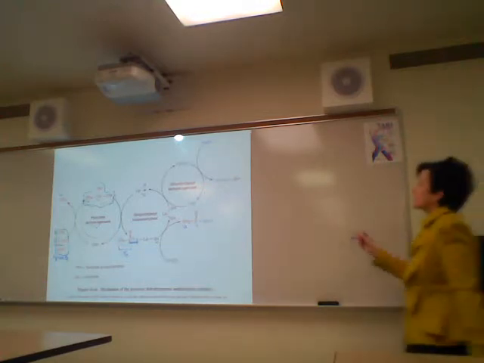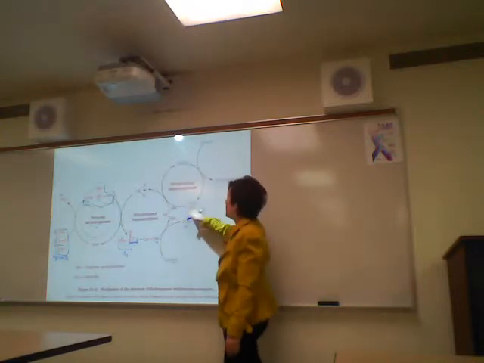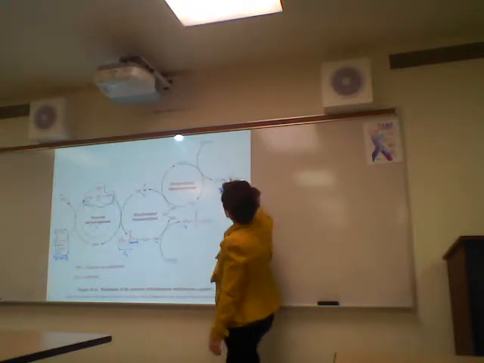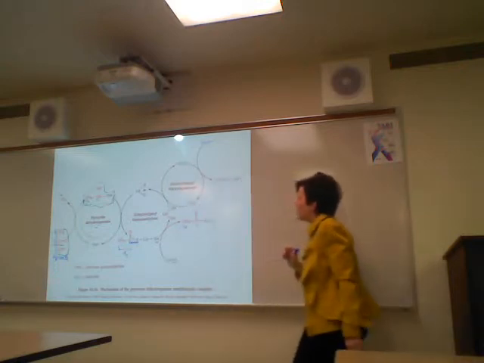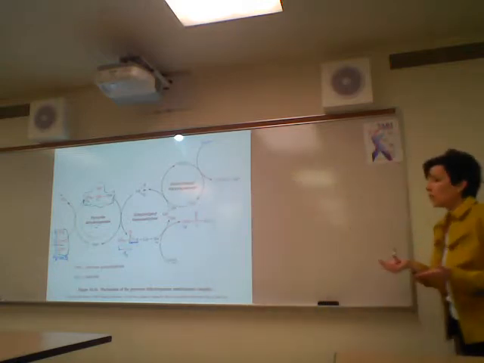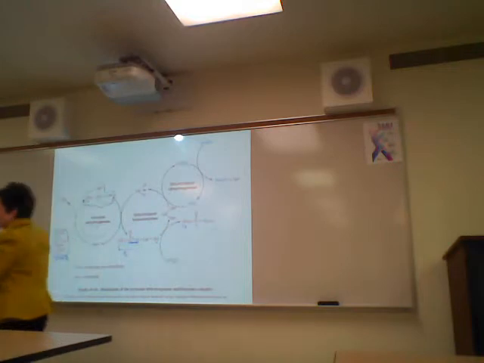But the cofactor for this enzyme is only FAD. So I can't take this reaction and shove it over here because it's not the correct coenzyme for it. But if I just do another little handoff of those hydrogens, I can generate an NADH and a proton.